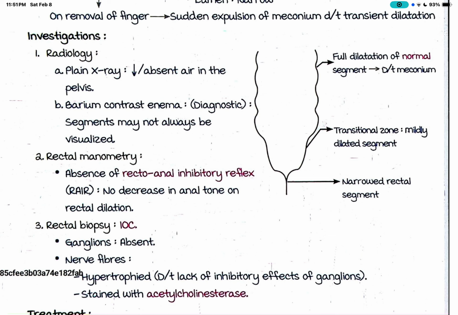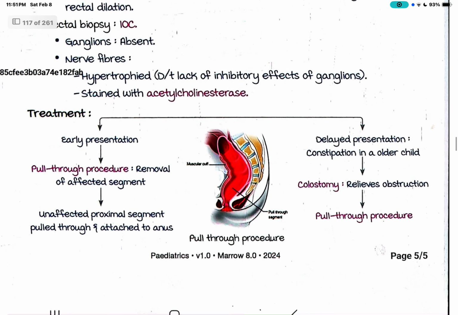In this diagram, you see full dilatation of the normal segment due to meconium, a mildly dilated transitional zone, and a narrowed rectal segment.